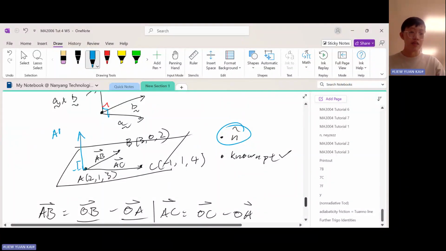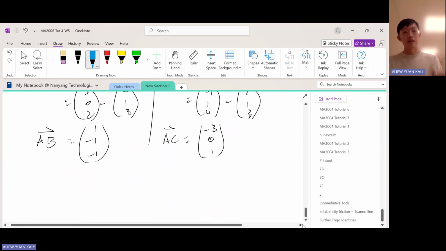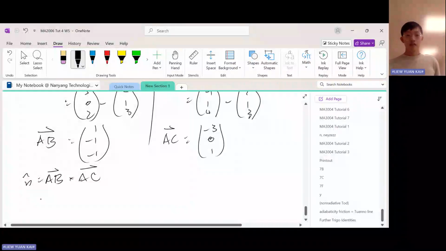So this one is AB cross AC. That's why we need to know that cross product will give a vector that is perpendicular to the two vectors. So find AB cross AC.